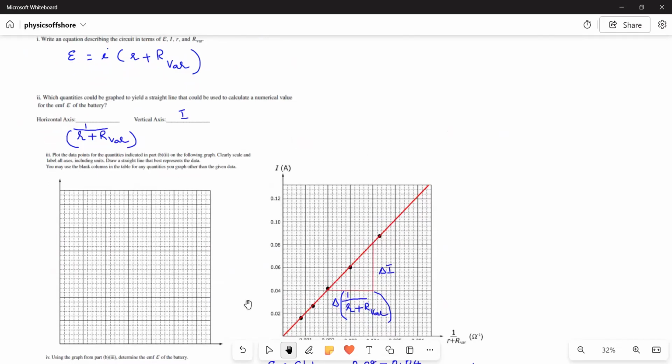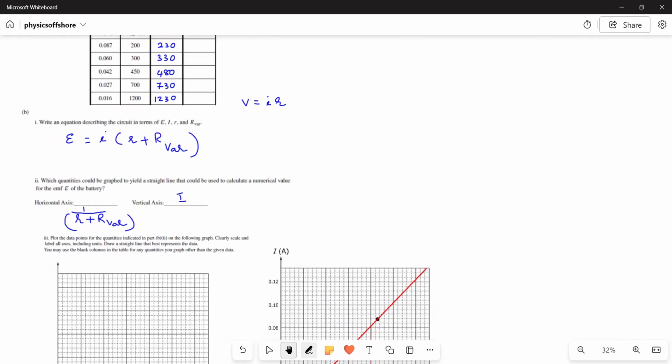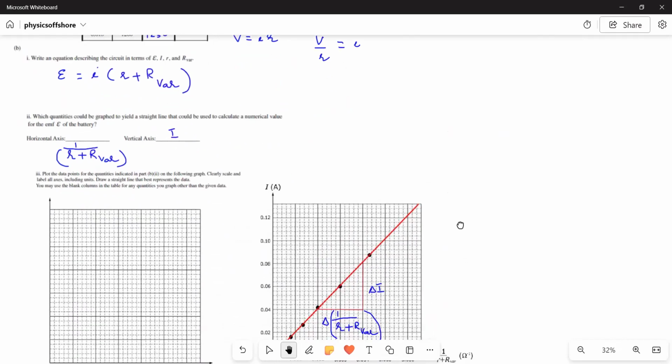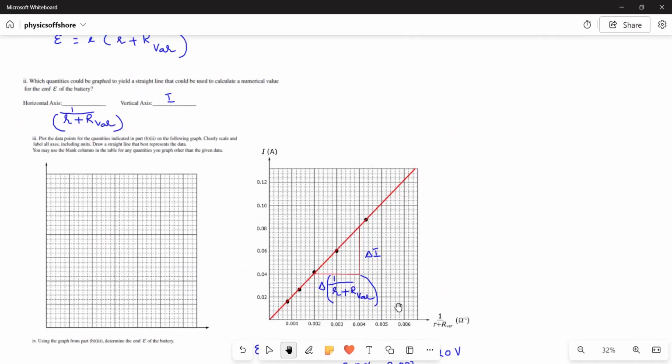Understood? So from this equation, E is equal to IR. We are supposed to find out V. So therefore, V by R is equal to I. Am I right? But here you are trying to find out V, so to find V, you have to take the slope. So the graph should be I versus 1 by R, where this is the effective resistance.